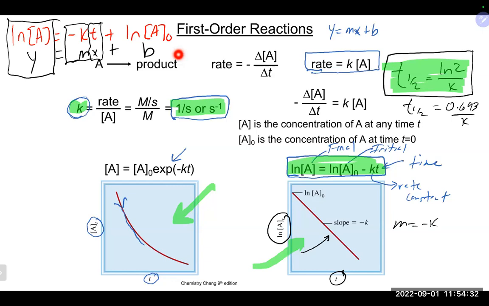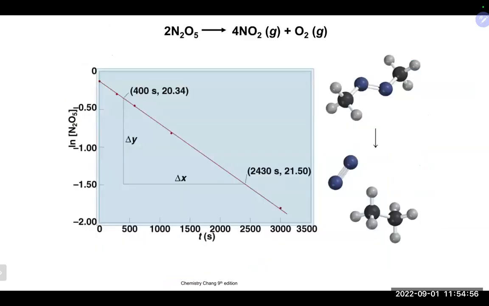But those graphs are first order graphs. Any questions on that there? So again, if you got a problem where it does say it's first order and you want to figure out how much concentration is left after 40 minutes, then you would use this equation to do that. And once again, they may not tell you straight up it's first order, but if you see those units, it should help you understand that.